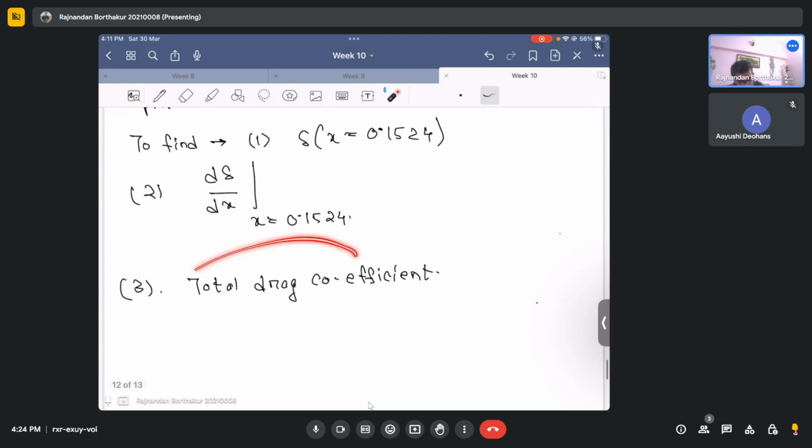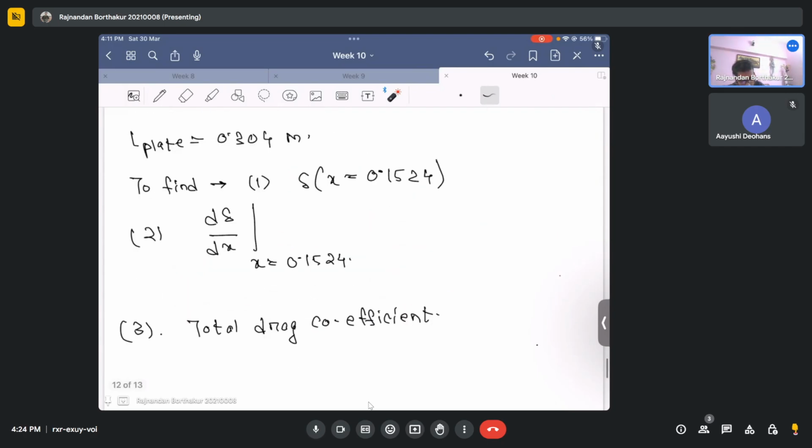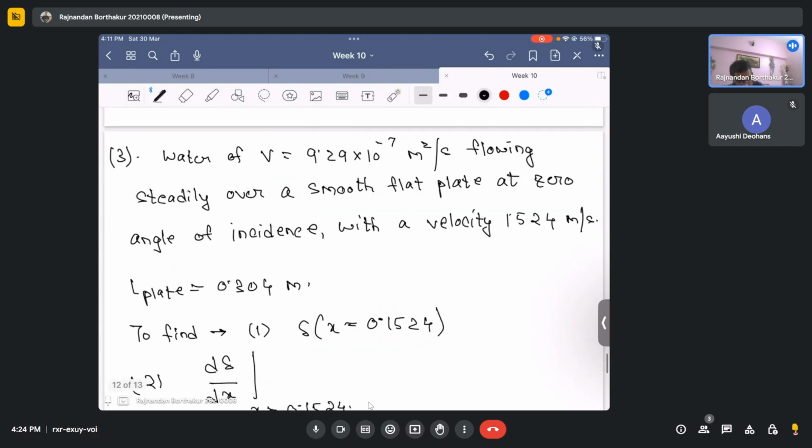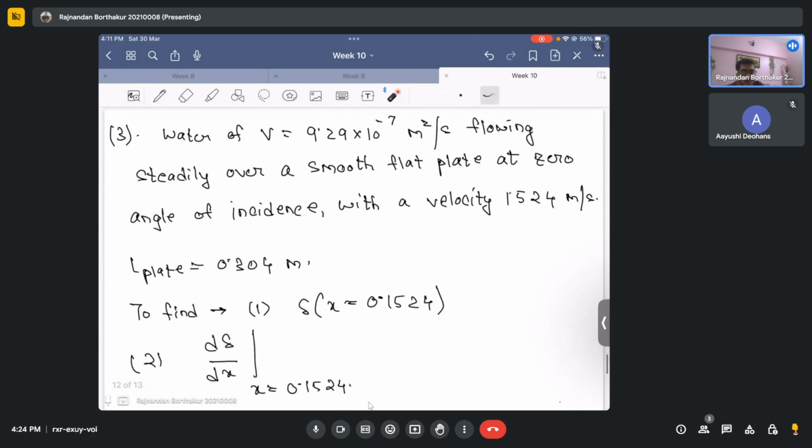And then they're asking the total drag coefficient. How do we do this? Can you tell me? In this problem, they didn't say you have to use a particular velocity profile. So what options can we have?